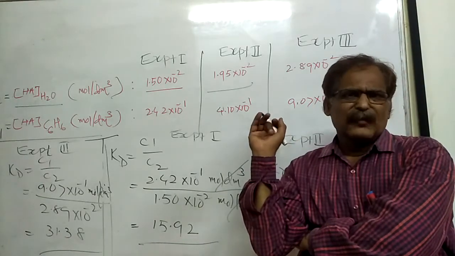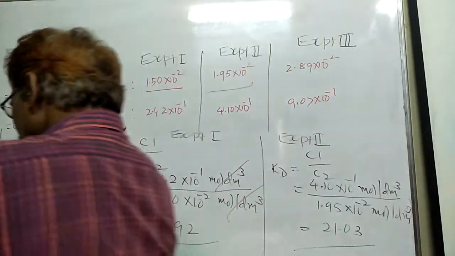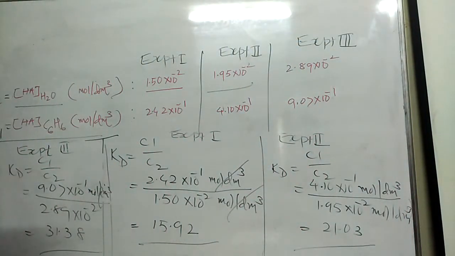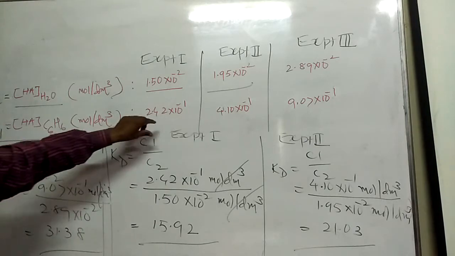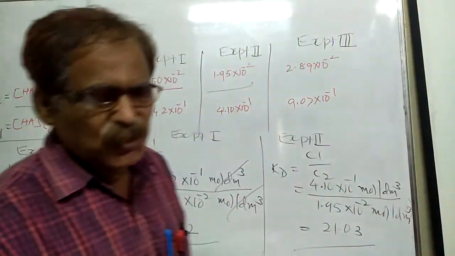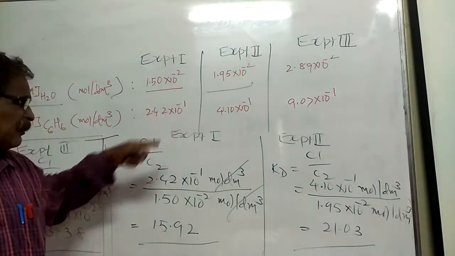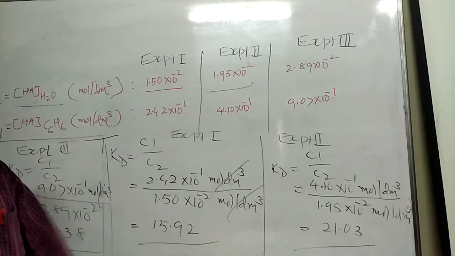that is C1 upon C2 is equal to Kd for given data. Look at the partition coefficient which we have calculated using normal Nernst distribution law, Kd is equal to C1 upon C2. In experiment number 1 it is 15.92.